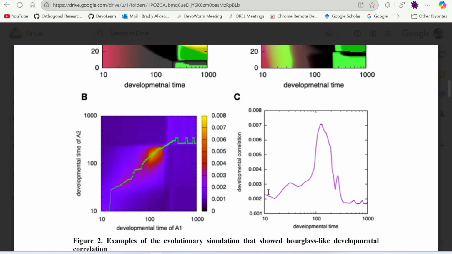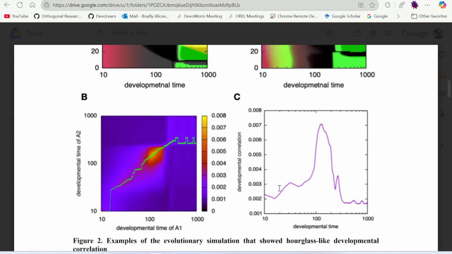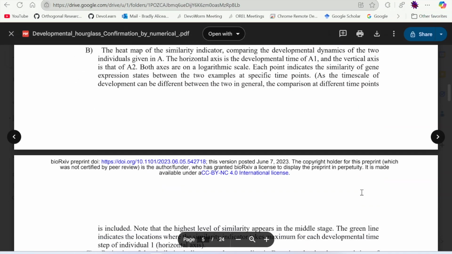You can see that there's a correlation in the middle period, the phylotypic stage, and then down here we have very low similarity later because things are diverging. Those two species are diverging away. Before the phylotypic stage, we have a little bit higher level of correlation, but not much. So the phylotypic stage is where you have this enhanced correlation between two species.